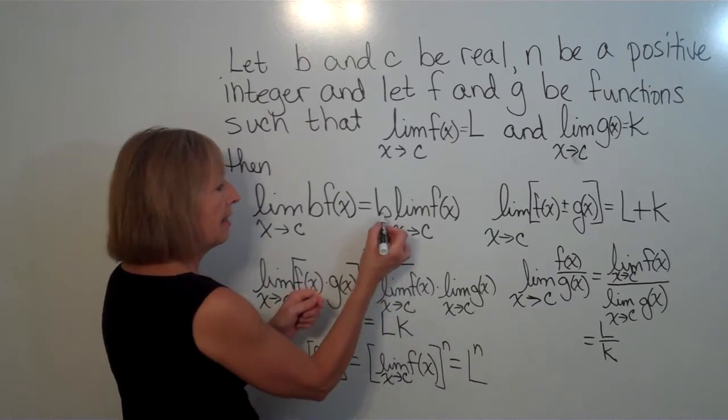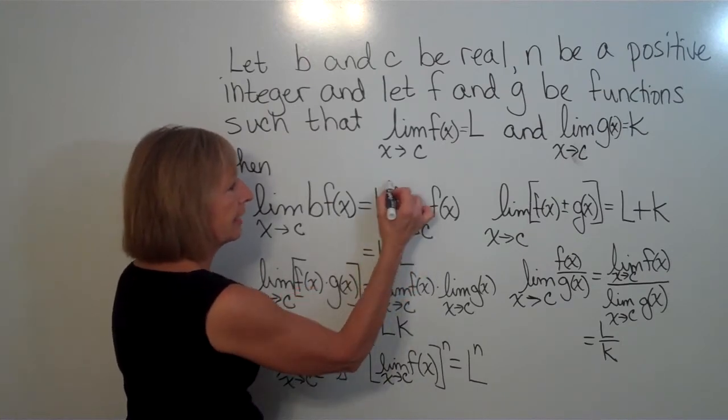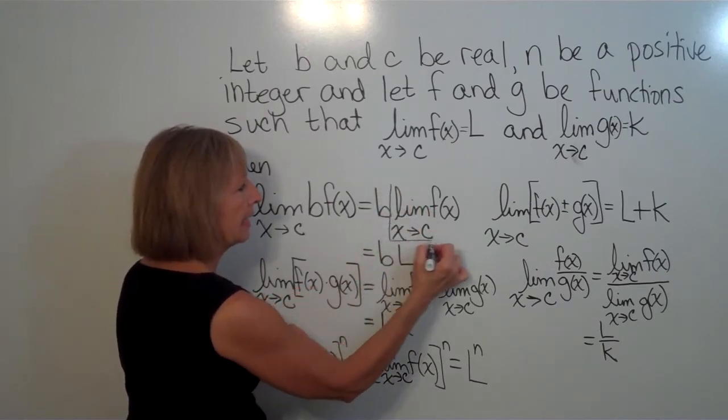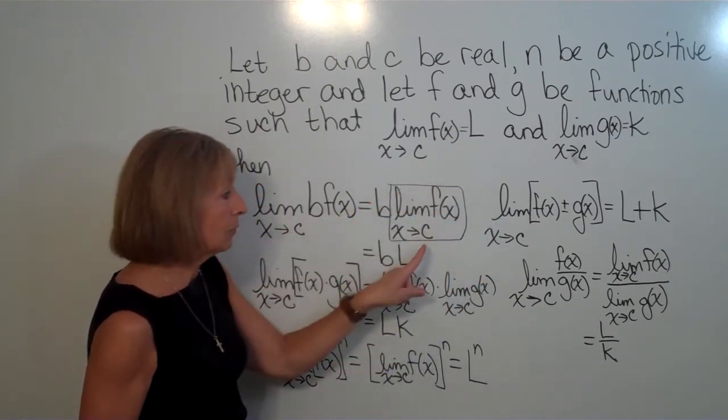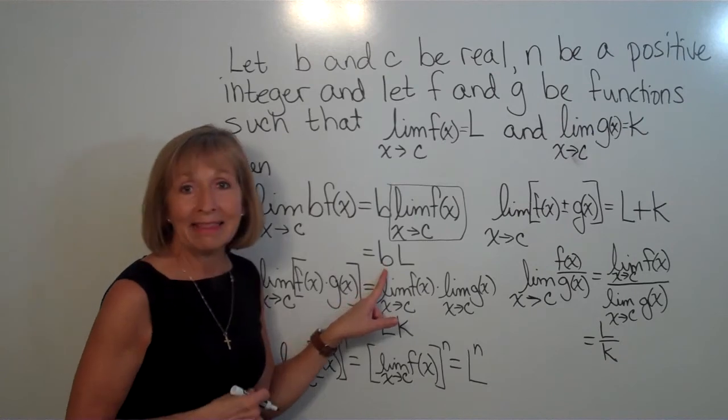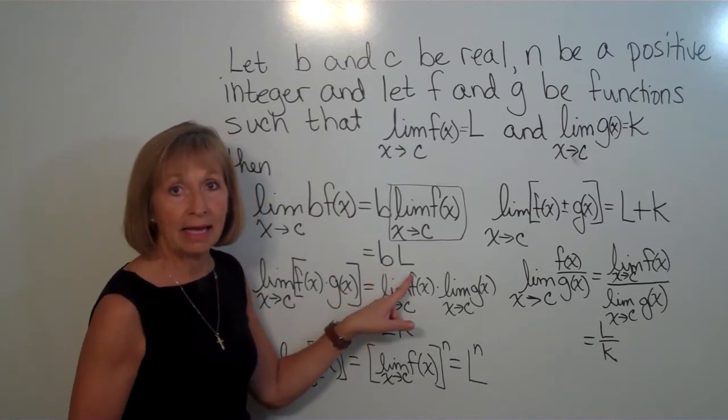Then you can replace the limit as x approaches c of f of x with the limit that it is equal to, and ultimately get that this is b times L.